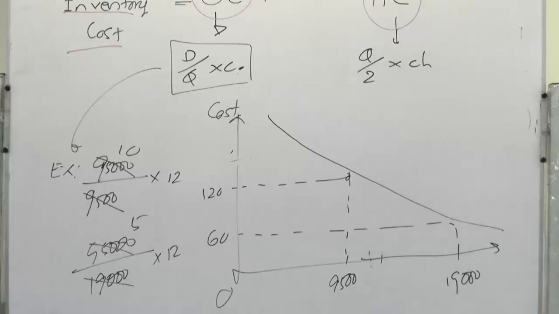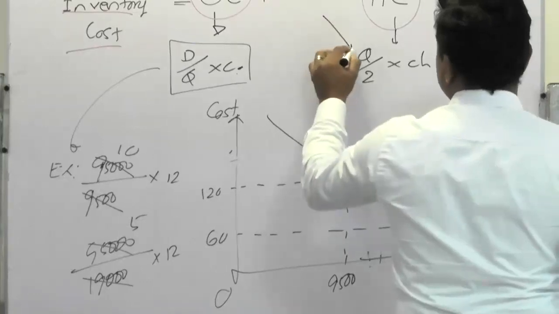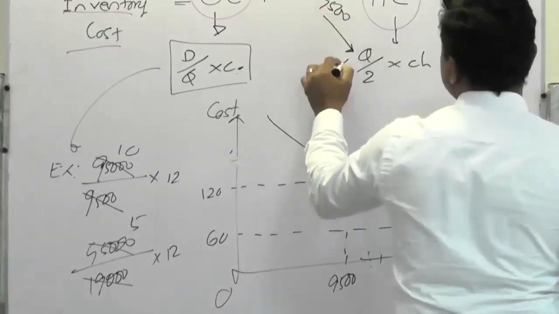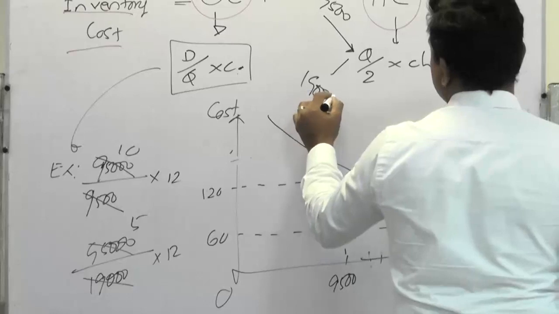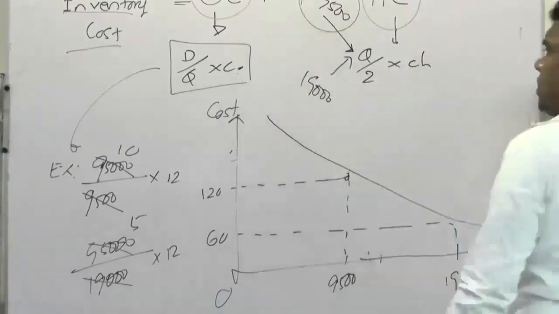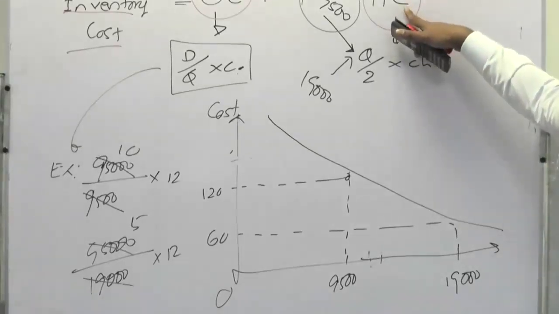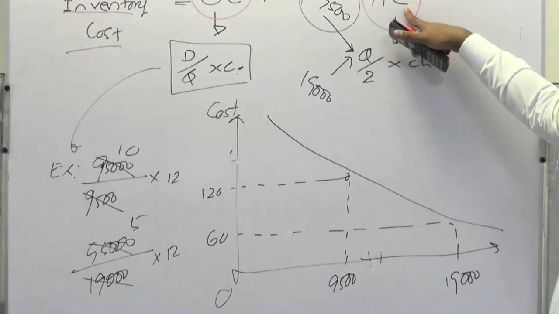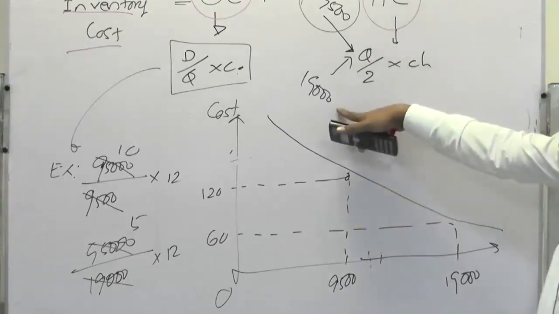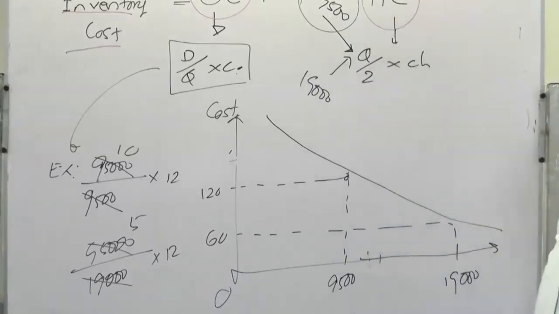But when it comes to the holding cost, you are going to order two options, 9,500 units and 19,000 units. When you order 9,500 units, you need to keep a maximum of 9,500 units in the stores. However, when you order 19,000 units, you need to keep more units within the stores.